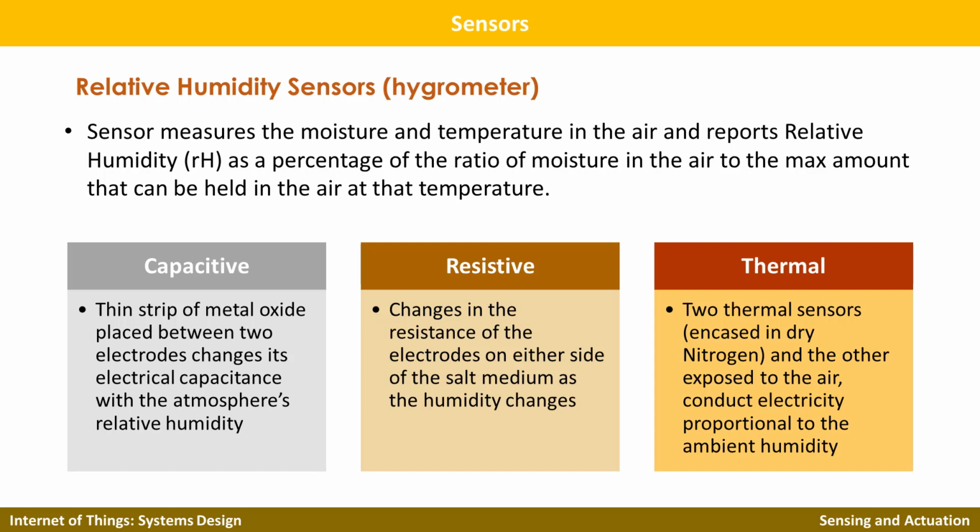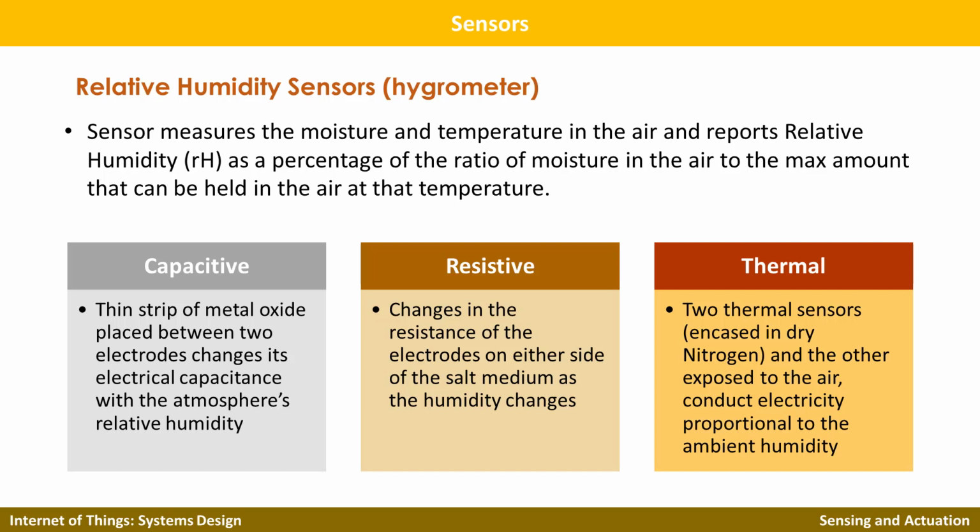In resistive humidity sensors, they utilize ions in the salt to measure the electrical impedance of atoms. As humidity changes, so does the resistance of the electrodes on either side of the salt medium. The third type is thermal.